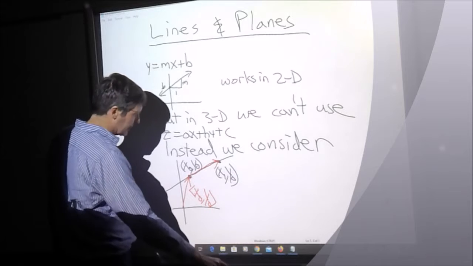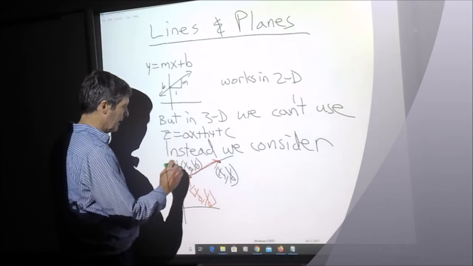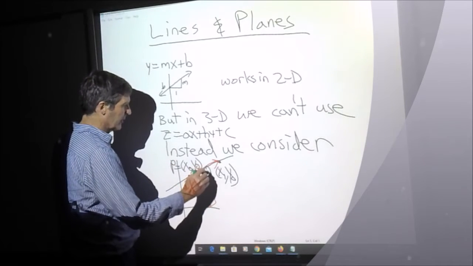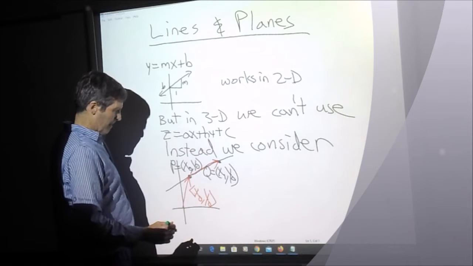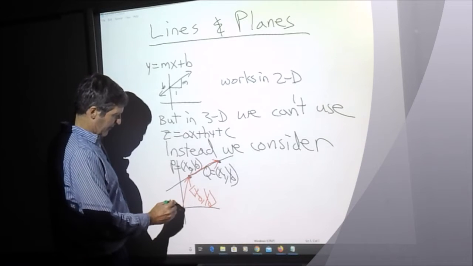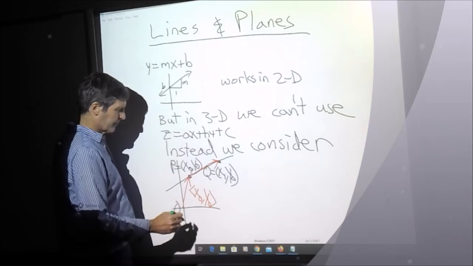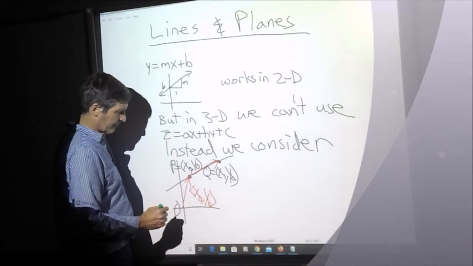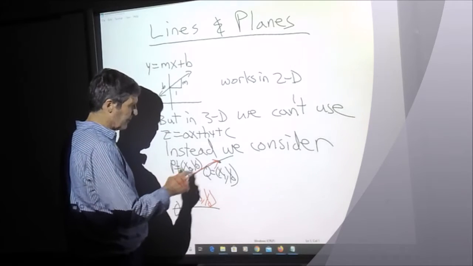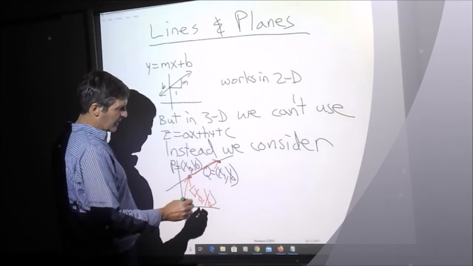So if I call this point P, and I call this point Q, then what do I want to do? I want to take the vector from the origin to P, and then from P to Q, and I could take some multiple of it.